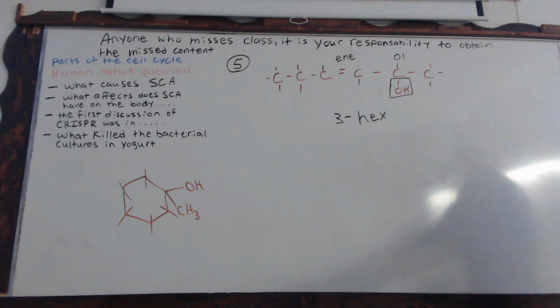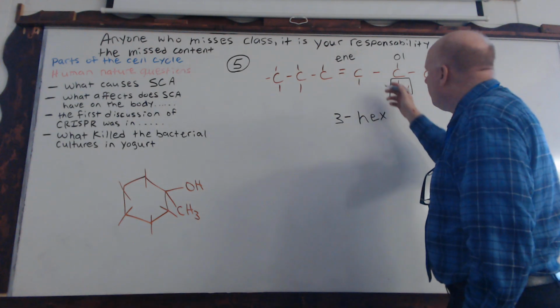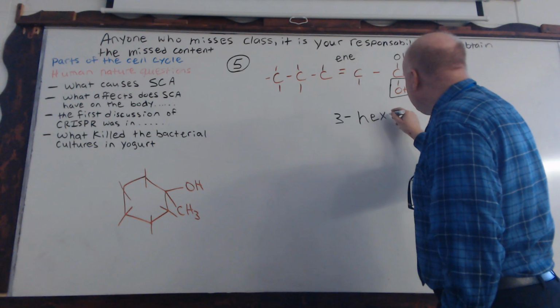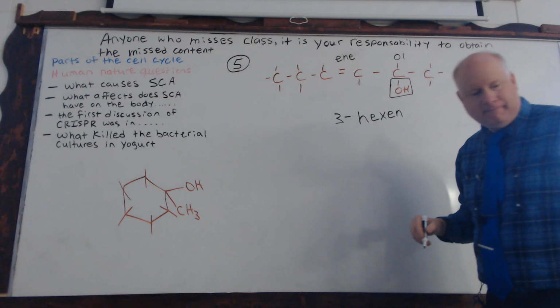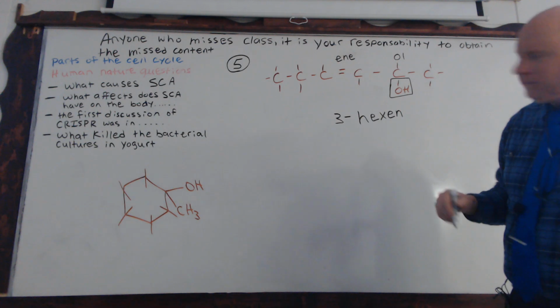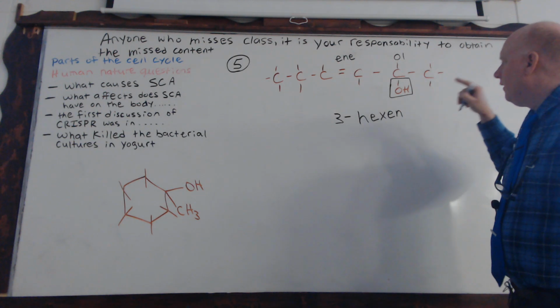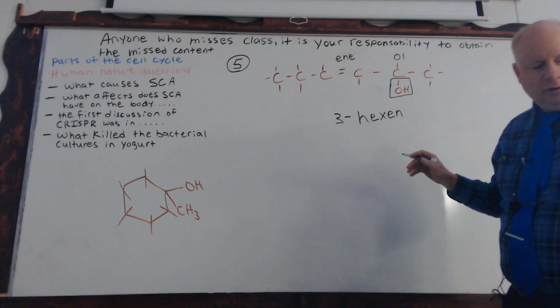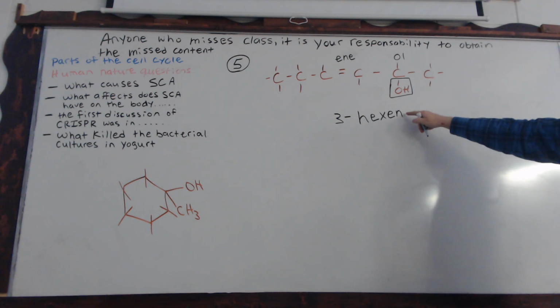Now when we use number 6 as a guide, we're going to account for both of them. So we're going to take care of the "ene" and the "ol", although we're not going to put an E on here. Then, again, using number 6 as a road map, what would come after this N?